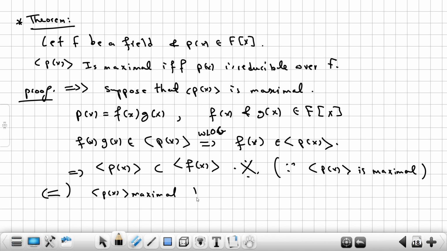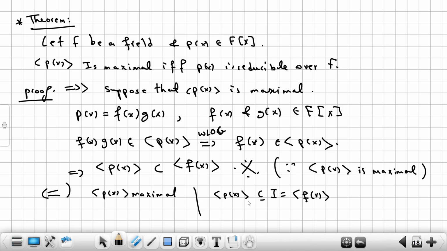Suppose that the ideal of p of x is a subset of, or equal to, I. Now I can be written as, since we showed in the previous theorem that if F is a field, then F of x is a principal ideal domain. So I can be generated by one element in F of x. So I is cyclic.